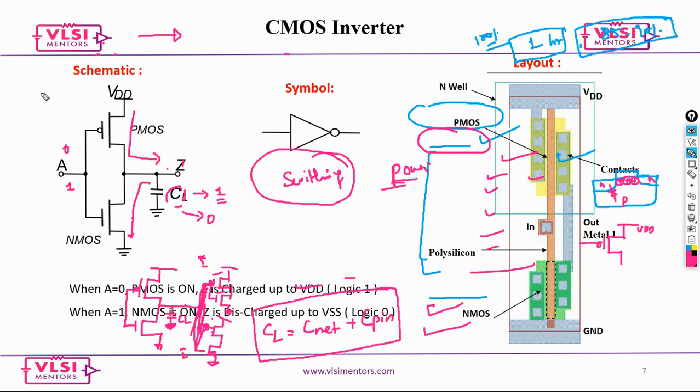When we say parasitic, there are two components, and we do parasitic extraction. One is resistance and the other is capacitance. We don't deal with inductance.